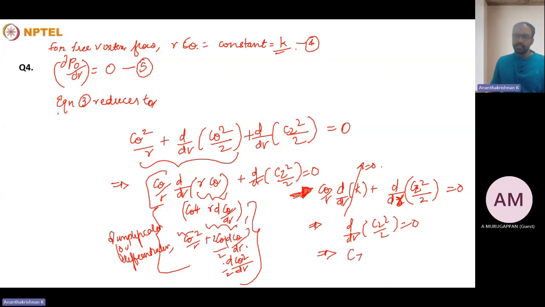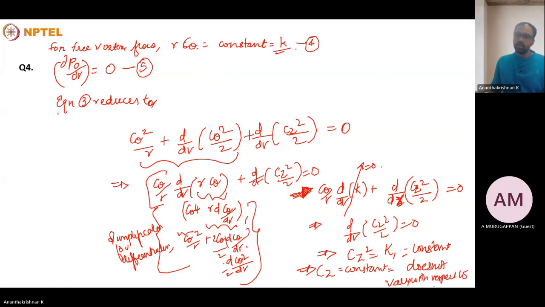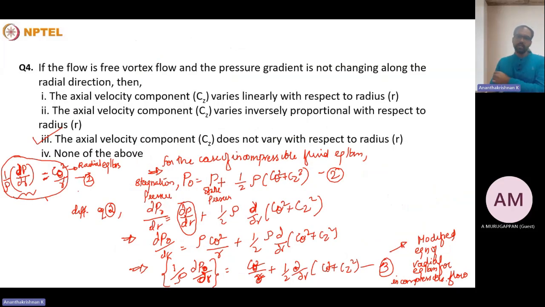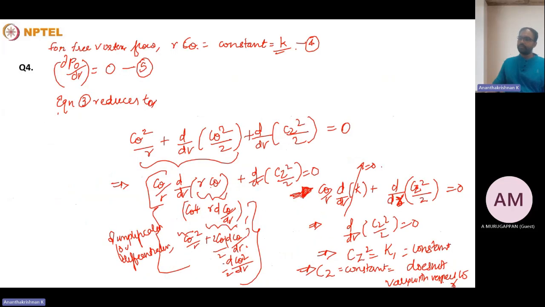That means that cz squared is a constant, so cz doesn't vary with respect to radius r. So this equation proves that the axial velocity component cz will not vary with respect to r for the case of free vortex flow, when the pressure gradient is not changing along the radial direction. So if you try to draw that, the schematic would come.